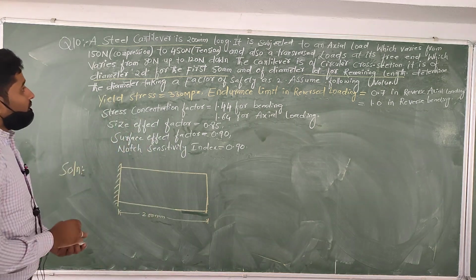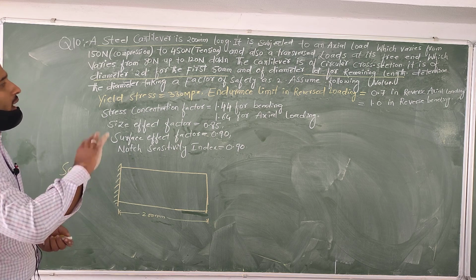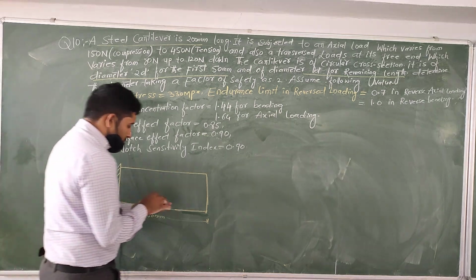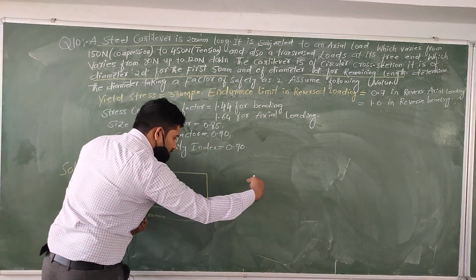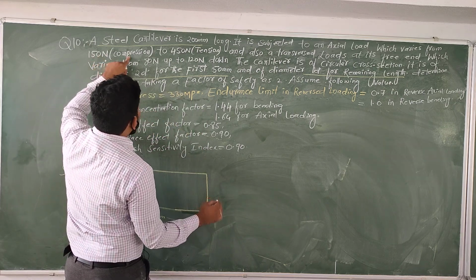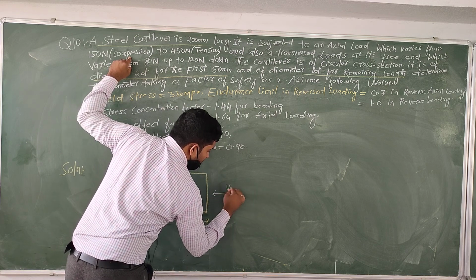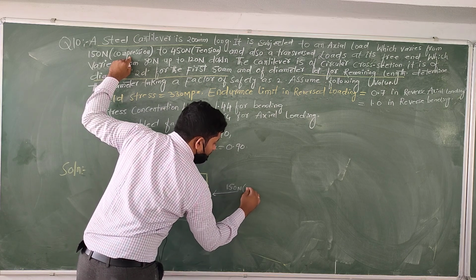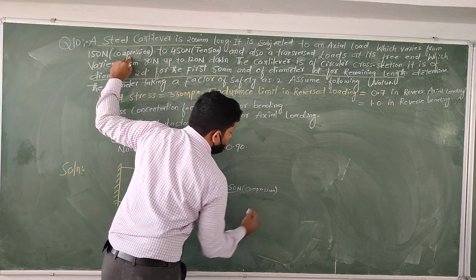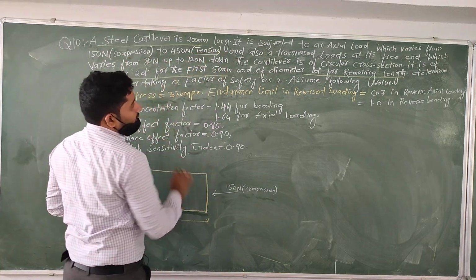But it is subjected to which load? Axial load, which varies from 150 Newton in compression nature. So on this beam, 150 Newton compression load is acting. Meanwhile, 450 Newton tension force is acting.